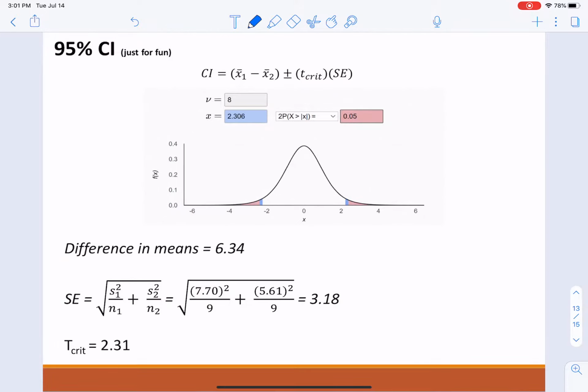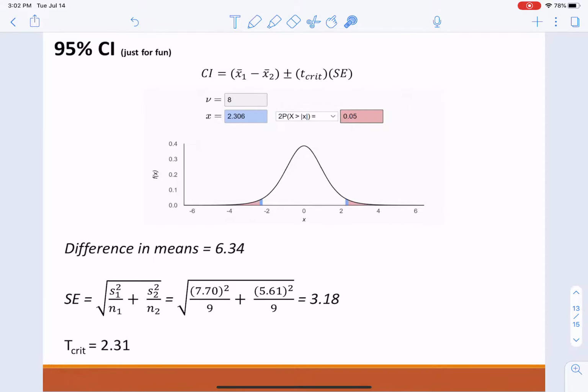Okay. But when we make this confidence interval, we want to find that t crit by plugging in degrees of freedom and then putting in our alpha. We're going to do a 95% confidence interval, so our alpha is 0.05. That spits out 2.306 as our t crit. We'll round that to 2.31.